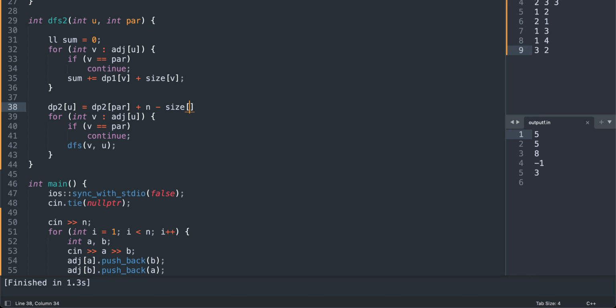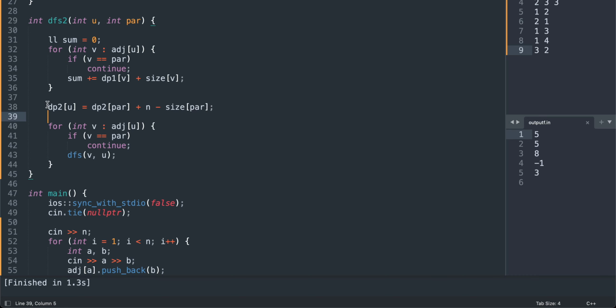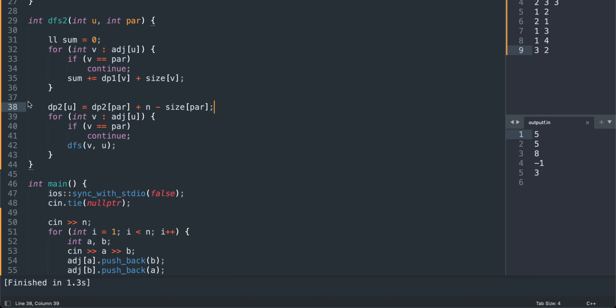What if parent is -1? Then it will throw out of bound, like -1 invalid something.